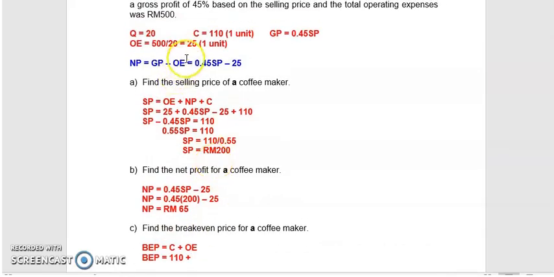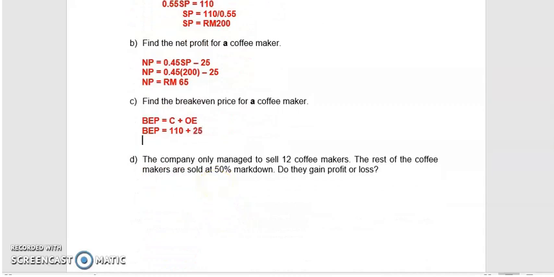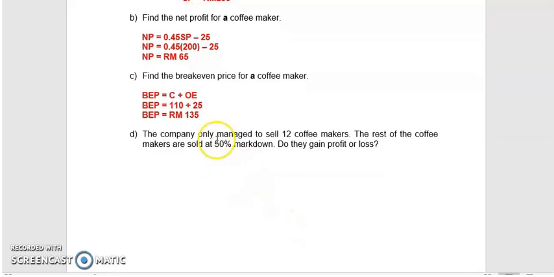OE for 1 unit is 25 ringgit. So break-even price is RM 135 ringgit. Okay, so this is the minimum selling price that we can sell to the customer, so that we can still gain profit.